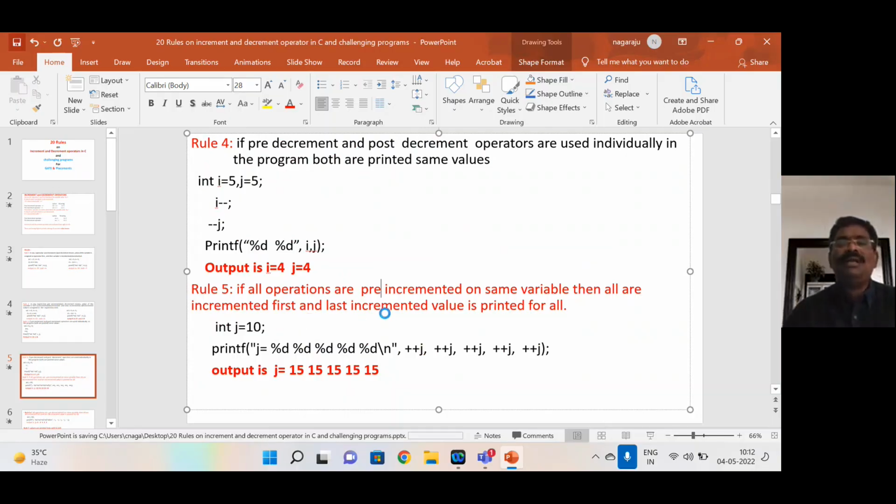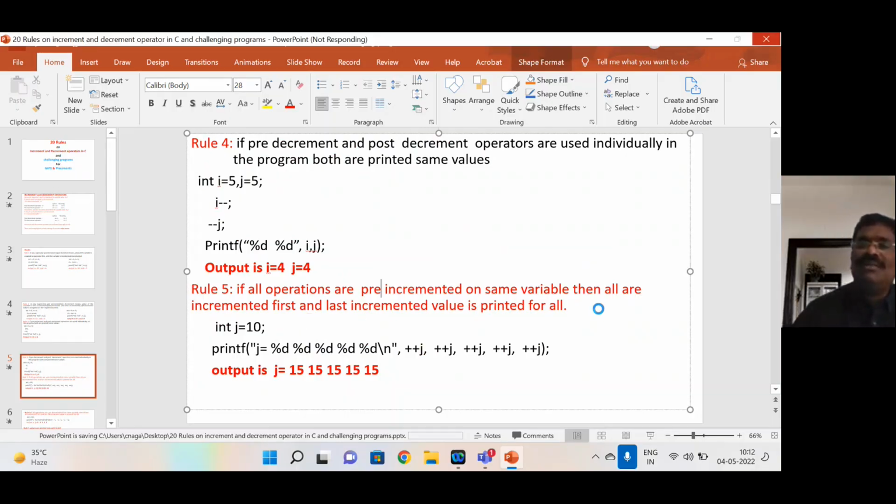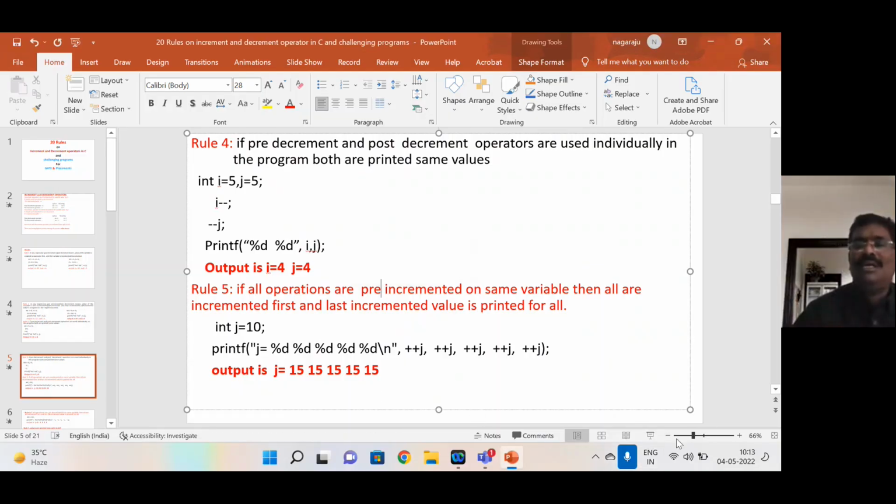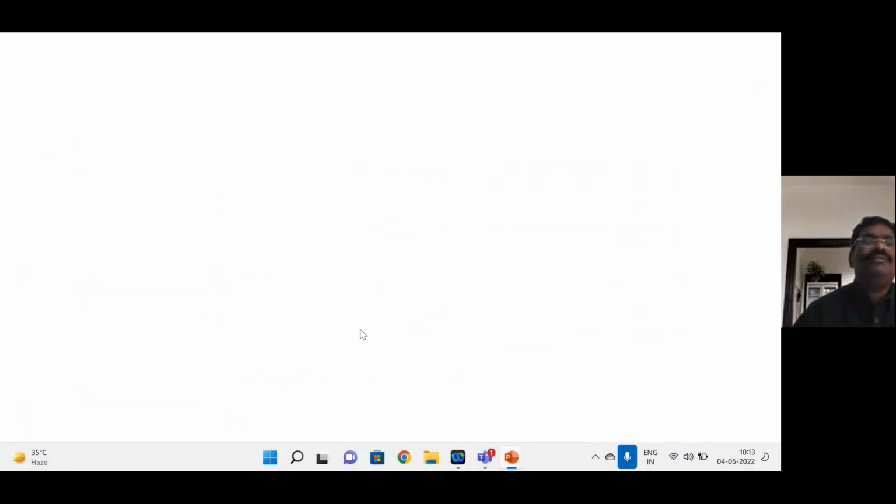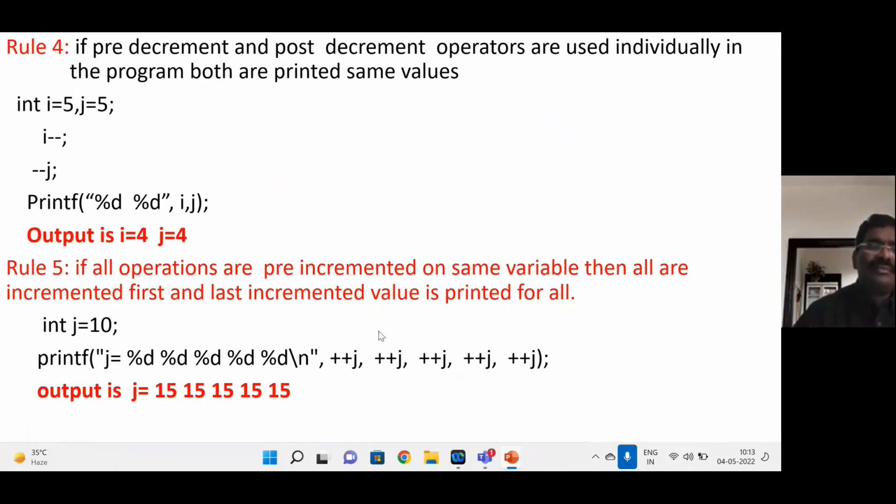So if all operators are pre-incremented on the same variable, then all are incremented first, and the last incremented value is printed for all. So int j = 10. In printf, when you use the j value 5 times, you automatically get 15, 15, 15 like this, right? So that is the pre-increment.